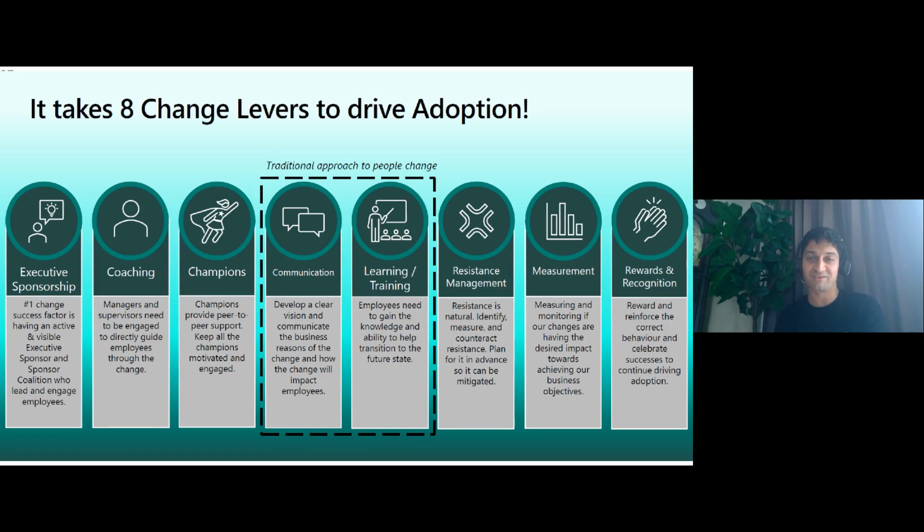How do you recognize certain users who adopt the system early, who help out their peers? So, again, apologies for the busy slide, but I just wanted to drive home the point that there are at least eight different things you need to think of, beyond the typical comms and training.